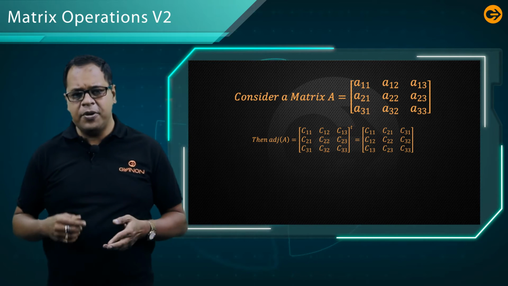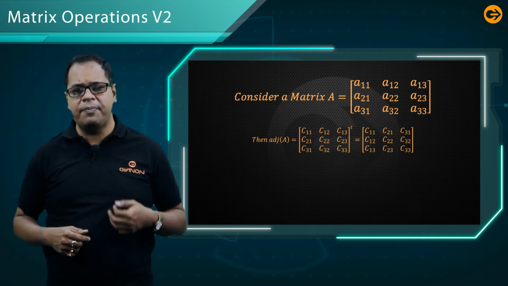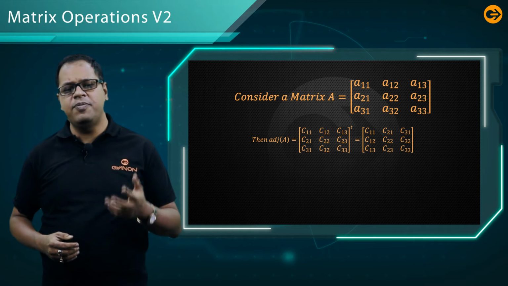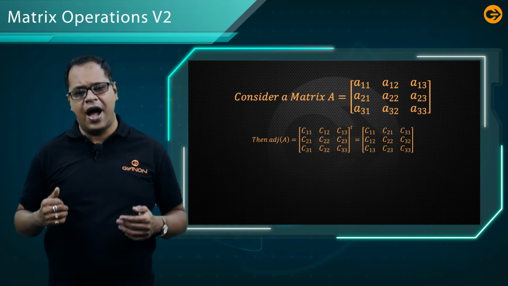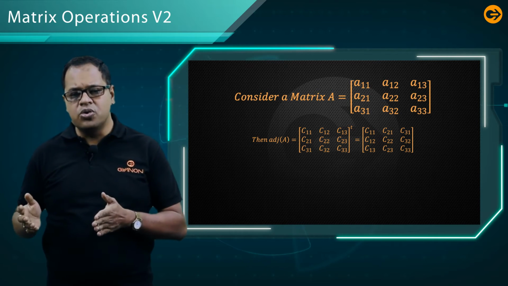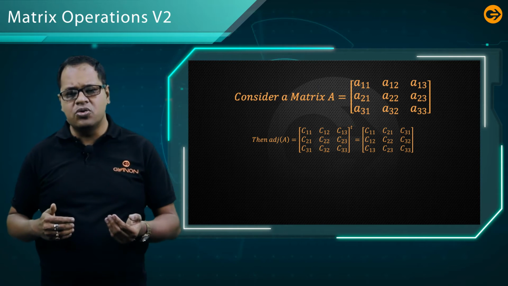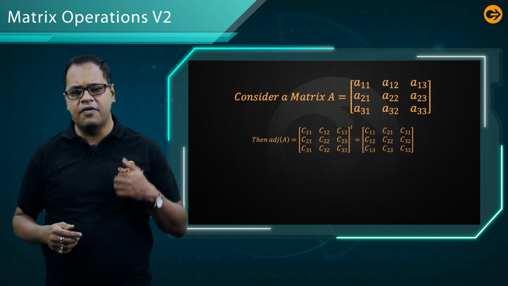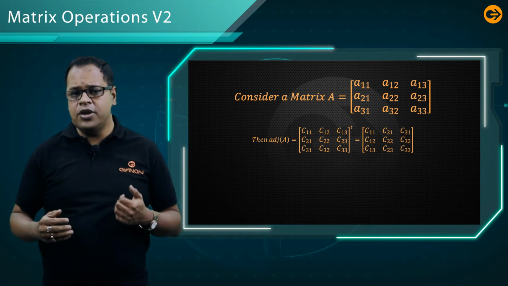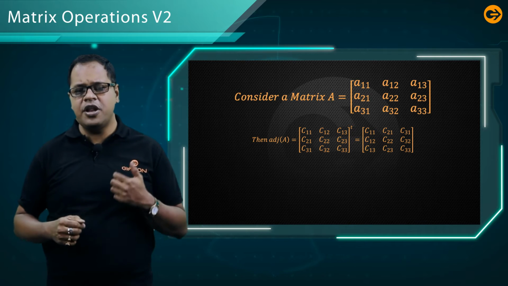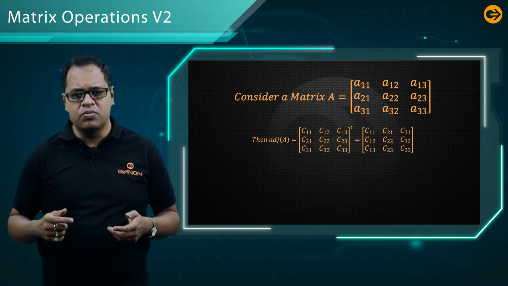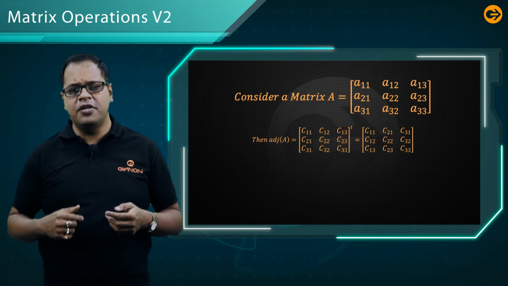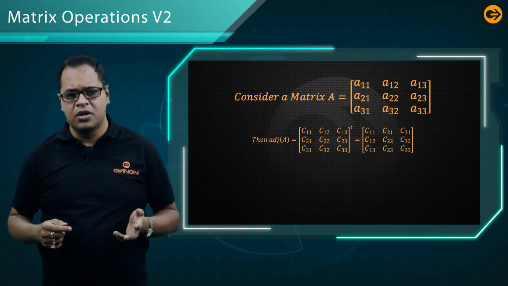In the third row, capital C31, capital C32, capital C33, to the power transpose. You are already aware of the significance of capital C suffix ij. That means the adjoint is equal to capital C11, capital C21, capital C31 in the first row. In the second row, it will be capital C12, capital C22, capital C32. In the third row, it will be capital C13, capital C23, capital C33.